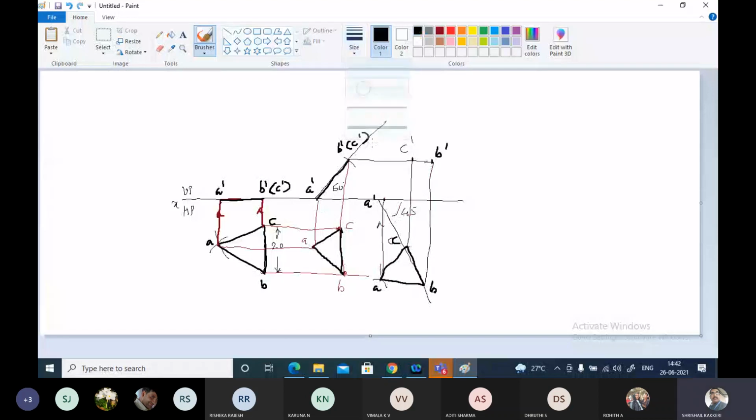So finally we can join A to B, B to C, this is C dash, and C to A.